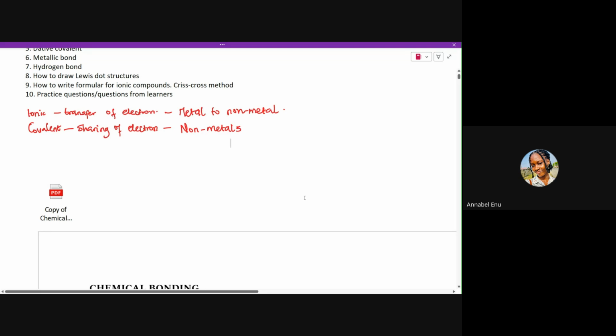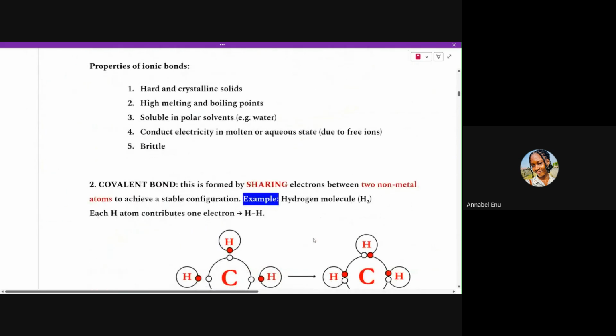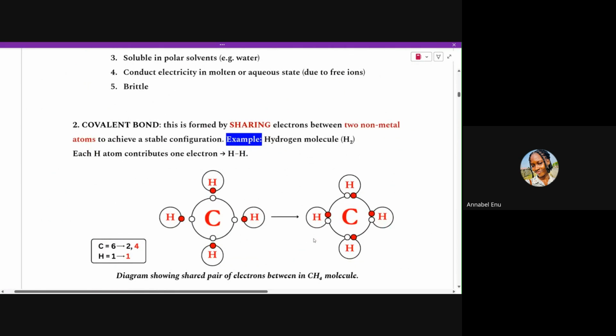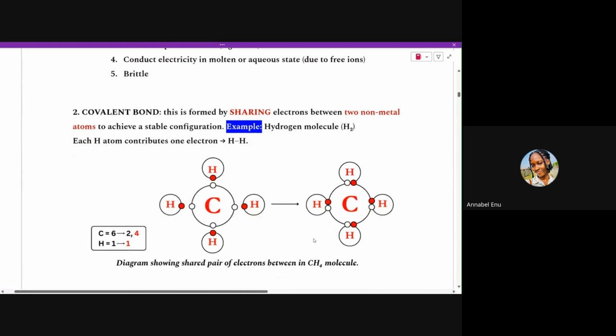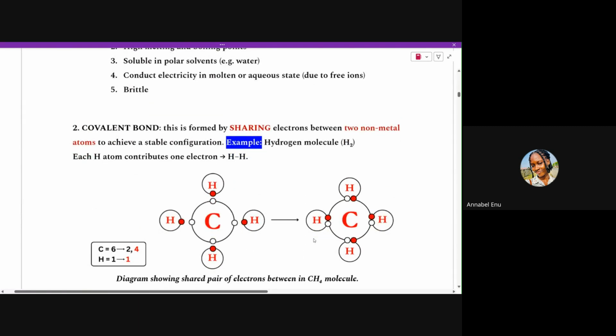So we don't deal with metals in covalent bonding. Covalent bond has to do with sharing of electrons to achieve a stable configuration. Stable configuration means having the octet, which is ending with an 8.